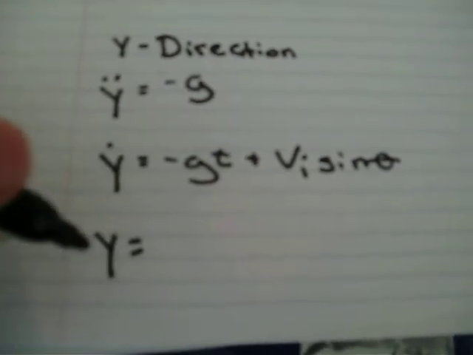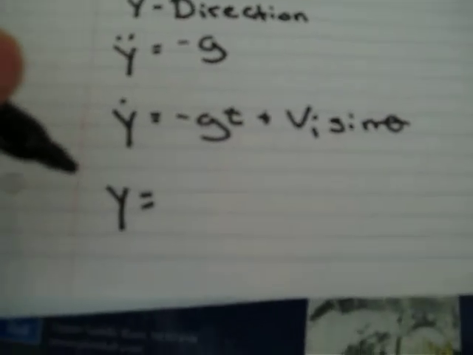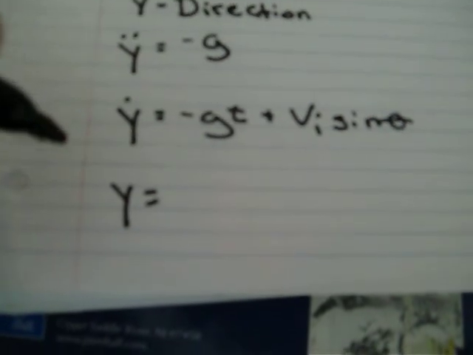The next point is in the y direction: if we wanted to figure out the height or the altitude of the object, that is 1/2 gt squared plus vi sine theta t.